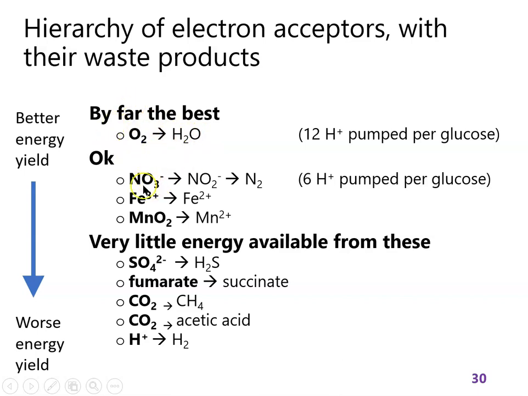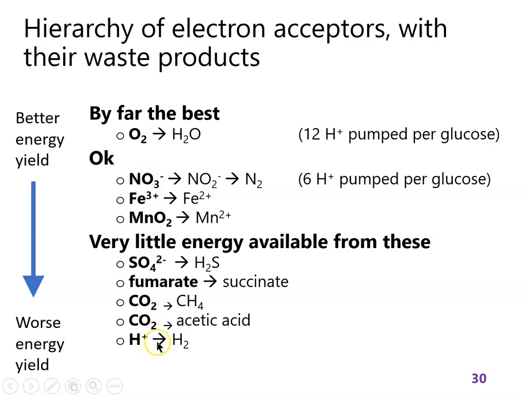Second best is nitrate, and they will reduce it to nitrite, and sometimes all the way to nitrogen gas. But this is half as good as oxygen. And then iron and manganese, these are often found in nature also, and these are not quite as good as nitrate.